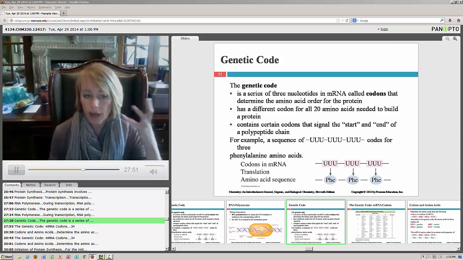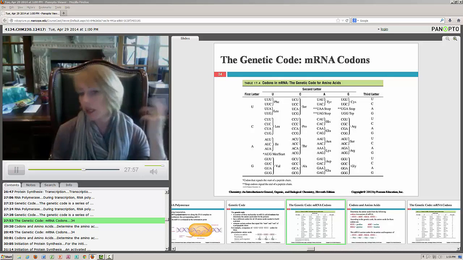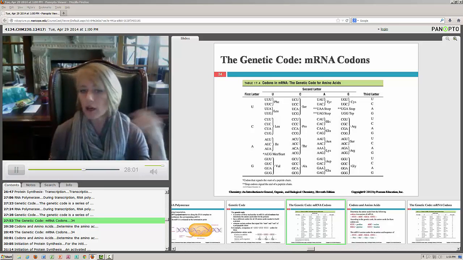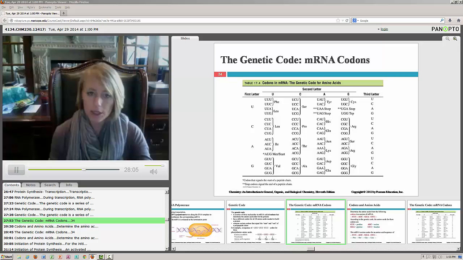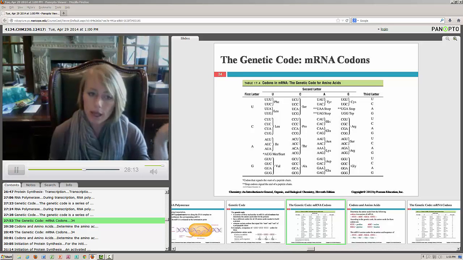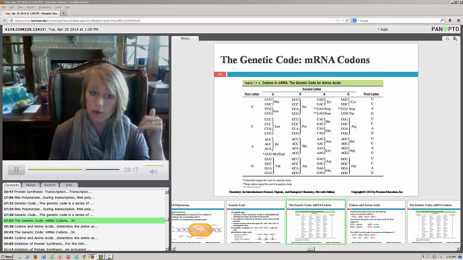So what we found was that there is a genetic code for the amino acids in which each amino acid can have a series of different combinations to make it. So each one of these combinations that you see on this chart, okay, code for one of the 20 amino acids. You'll notice that several of the amino acids have more than one combination that can make them, okay?